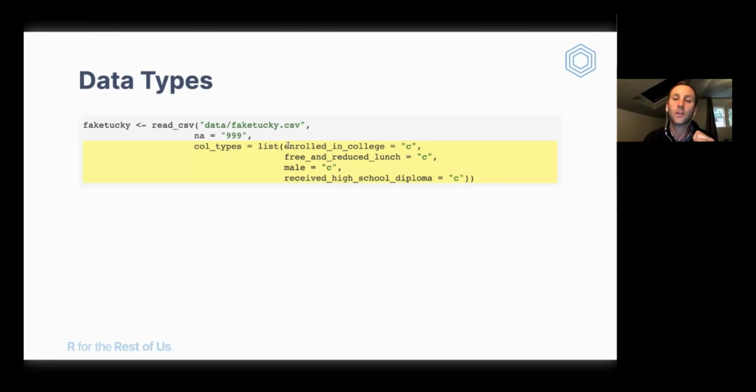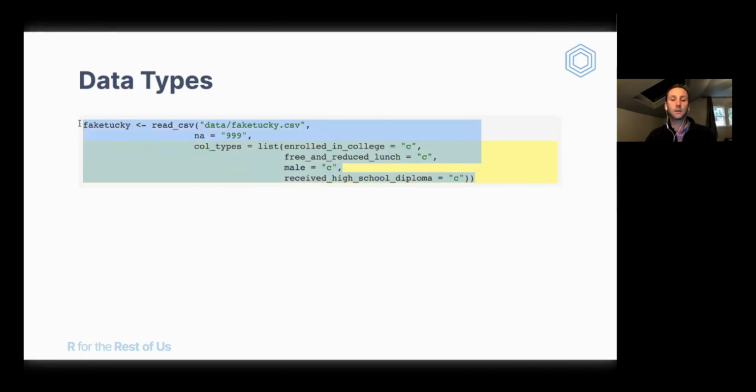So we can list the columns that we want to turn into characters in this way. Then we have another closed parentheses. This one is matched to this one. And this closed parentheses actually matches this one up here. I will say most of the errors that I end up getting in R are due to misplaced closed parentheses or commas that I misplaced, that kind of thing. So yeah.